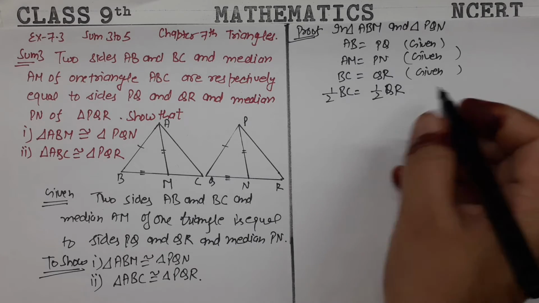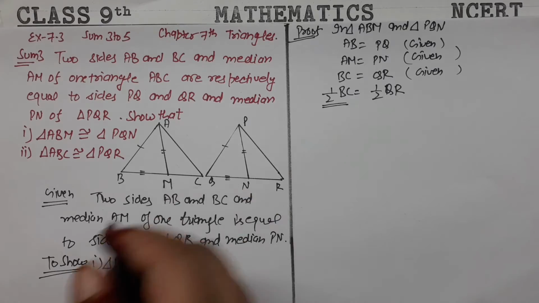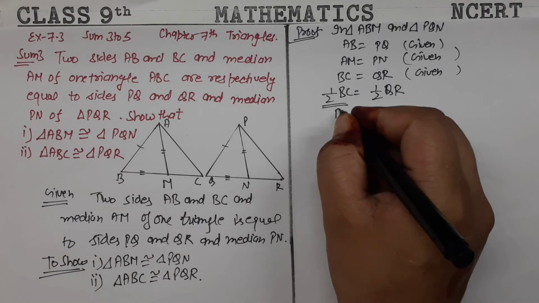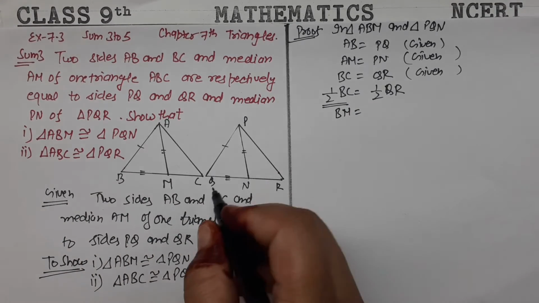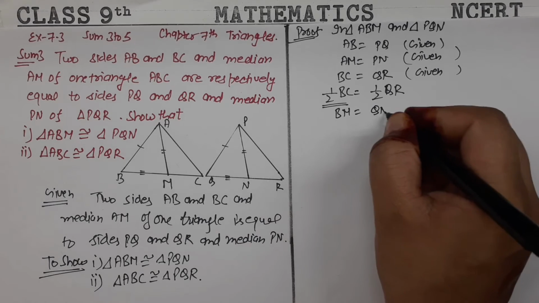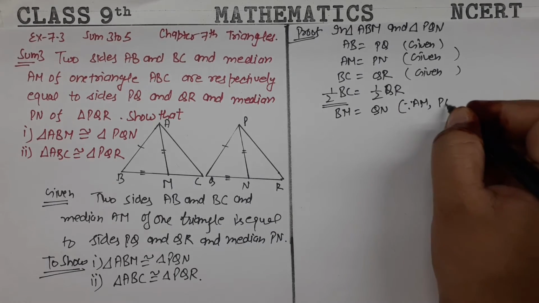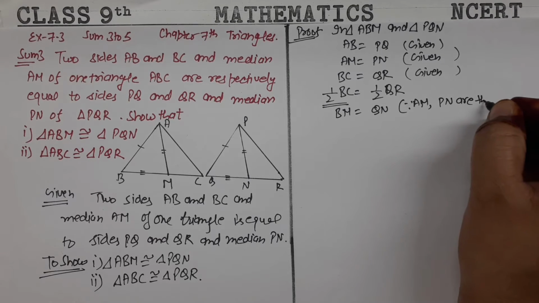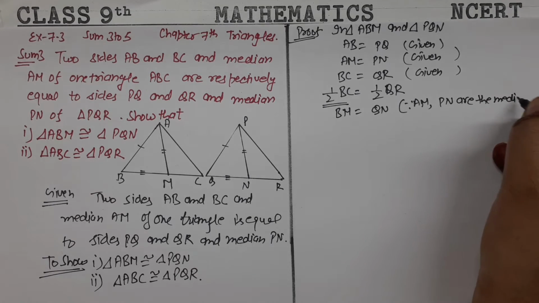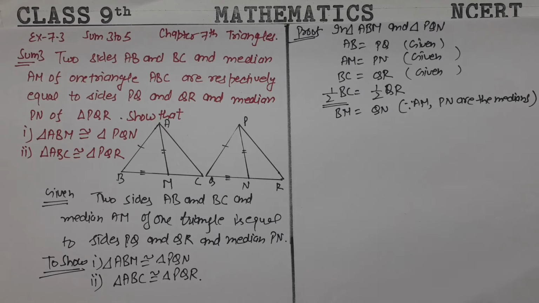Half of BC equals to half of QR. Half of BC becomes BM. Half of QR becomes QN because AM and PN are the medians.